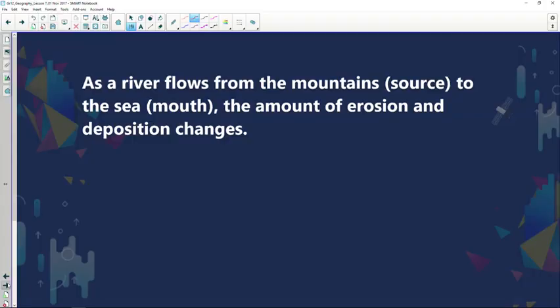Now keep in mind, a river in a drainage basin starts from a source, and where it eventually flows into the ocean will be the mouth. In the last lesson we learned that other rivers joining the main river are known as tributaries.